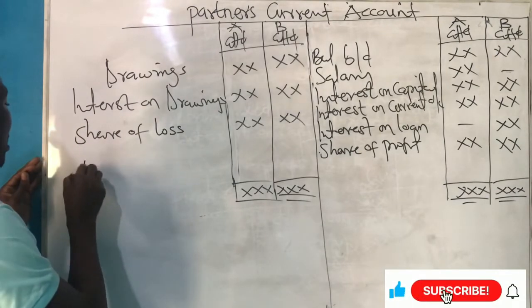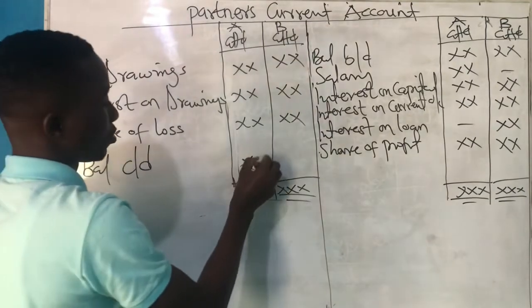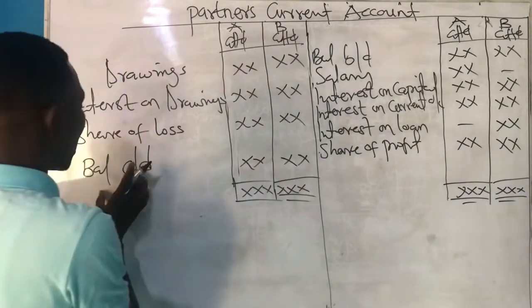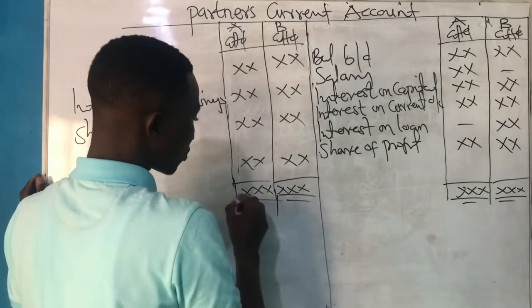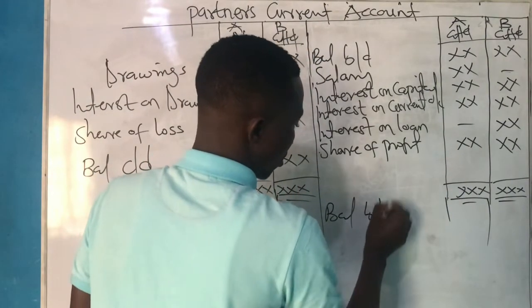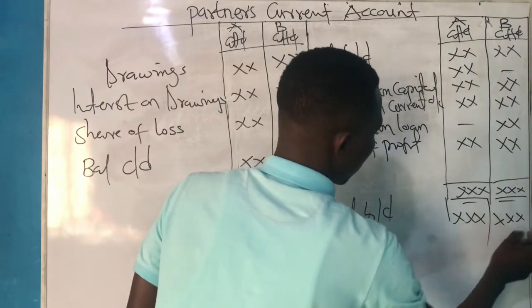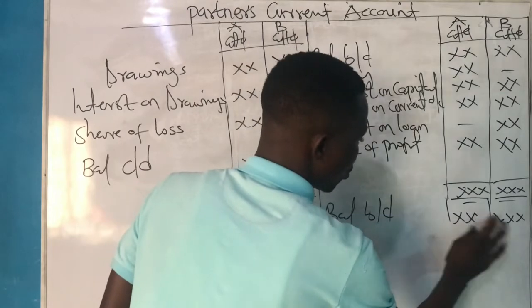We have the balance carried down. So this balance carried down will come here as balance brought down. Is that okay?